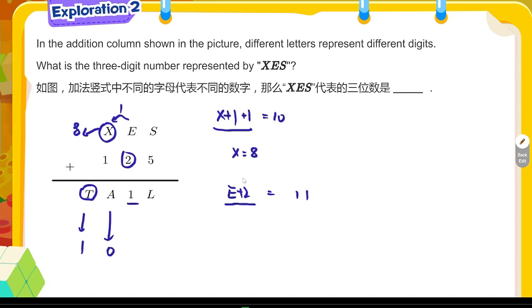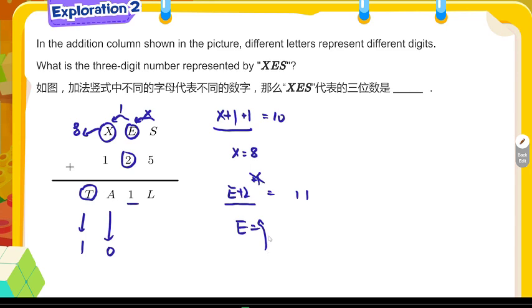But what we need to think of is, do we have a carryover from the ones place to the tens place? If we have, it becomes 8 plus e plus 1, with an extra carryover 1, equals 11, and we get e equals 8. But can e equal 8? No, we can't, because x is already 8. So there is no carryover between the ones place and the tens place. The e just equals 9.